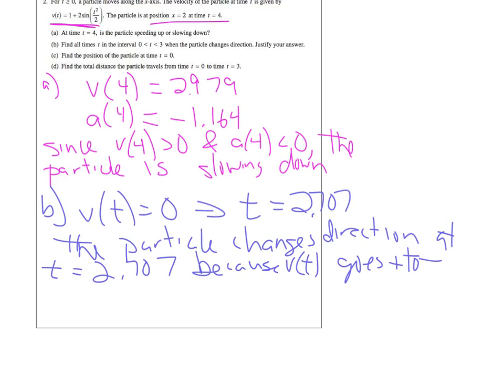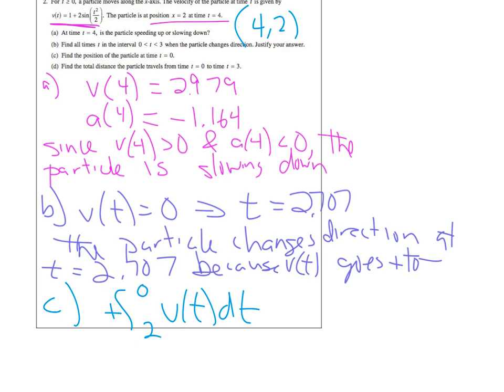Find the position of the particle at t equals 0. For this one, I know v of t, so I'm going to integrate. I know the point 4, 2. So I'm going to integrate from, not 2 to 0, 4 to 0 of v of t dt, and then add to that 2.